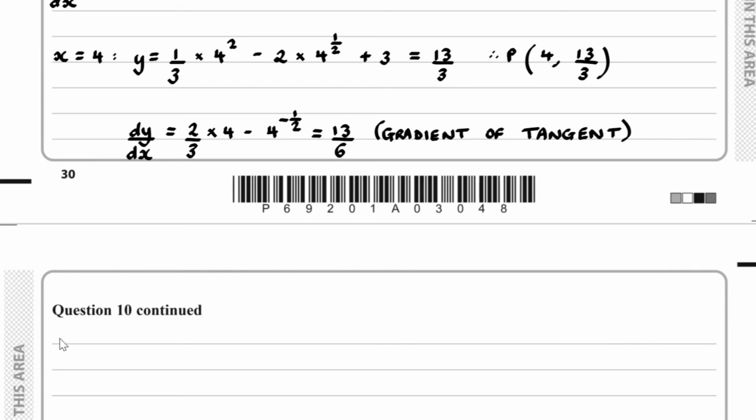And so at the point P with coordinates 4 and 13 over 3, the equation of the line will be y subtract 13 over 3 equals 13 over 6 multiplied by x minus 4.